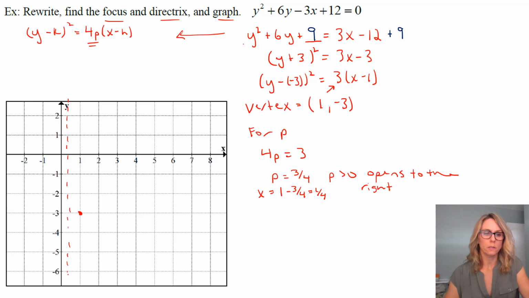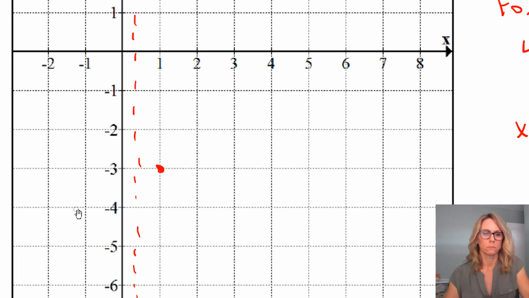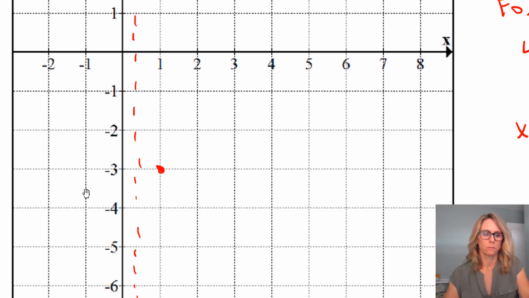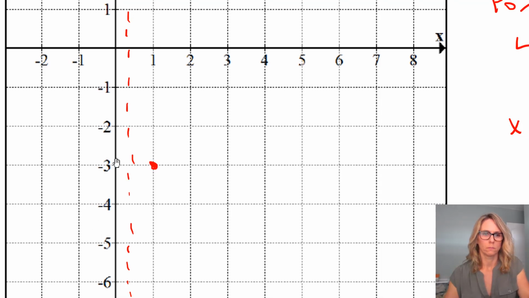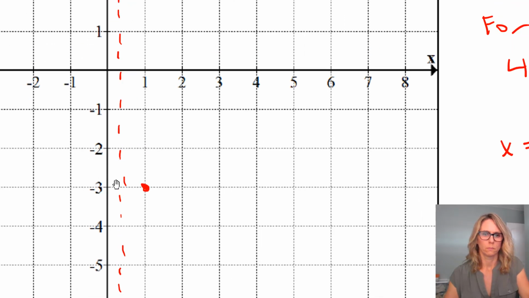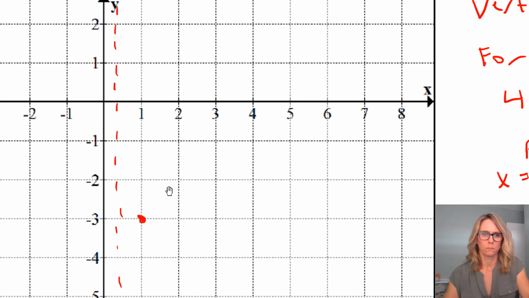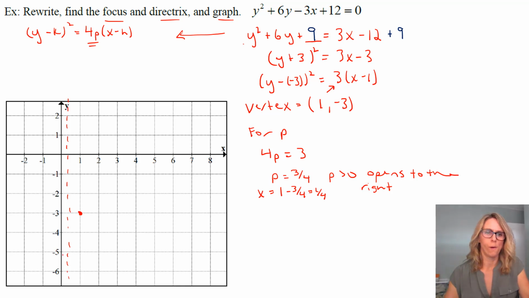And then our focus is just that p to the right of our vertex.